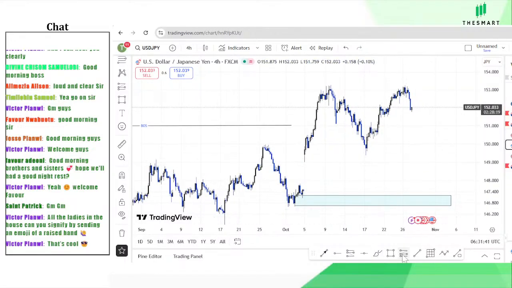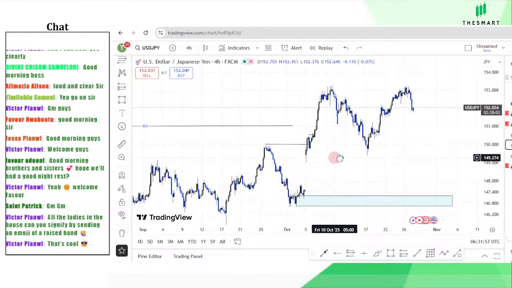On the 4 hours, this was the last. We had this break, not the last one. I can see a tiny break to the upside at this level. So we have this one here.